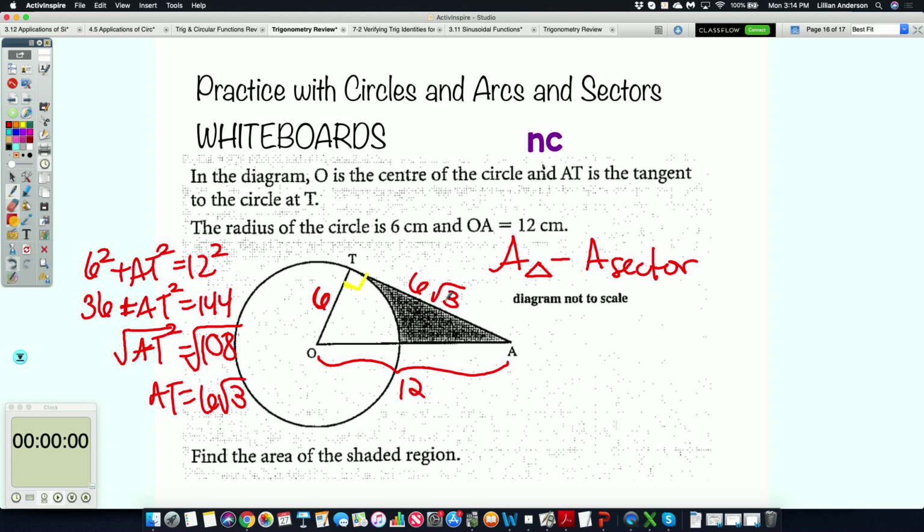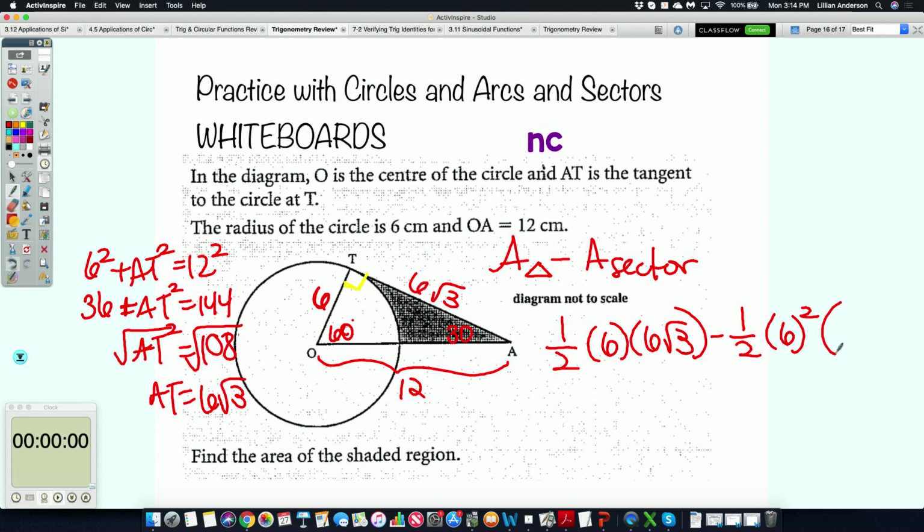Which special right triangle? The 30-60-90. The side across from the shortest side is 30. The side across from the 6 root 3 is the 60. So you do have the angle inside there. The area is going to be 1/2 base times height minus 1/2 radius squared times your angle, which needs to be in radians. What's 60 degrees as a radian?